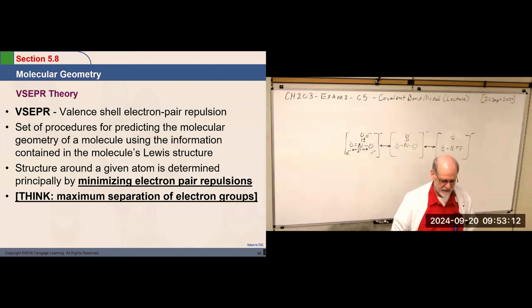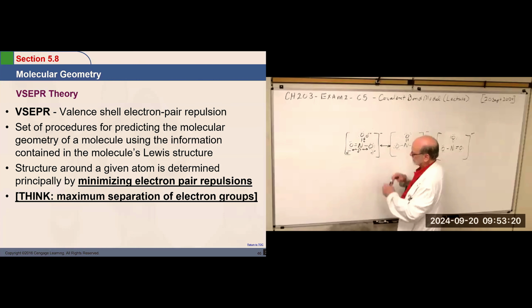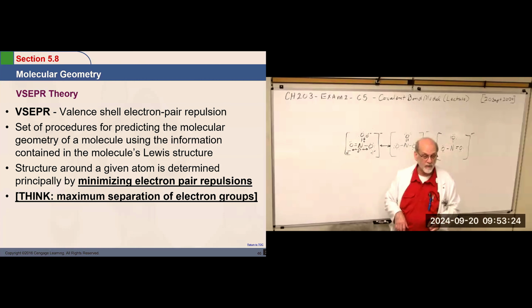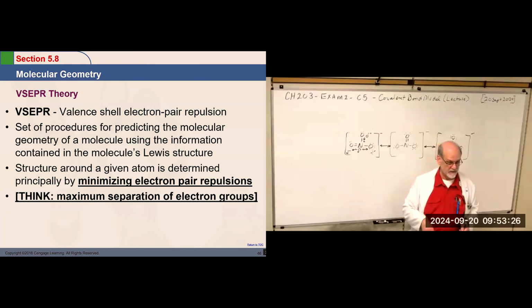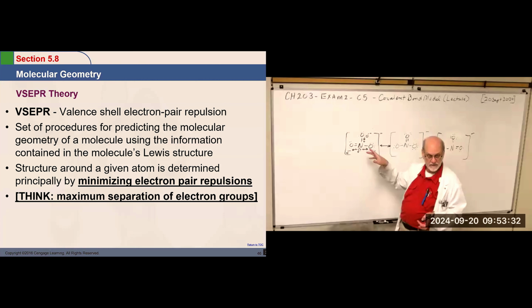The VSEPR model is based upon the assumption that when we have this structure, all the electrons are going to try to stay as far apart from each other as possible. They're going to stay bonded, of course. If they're in the bond, they'll stay bonded, but they're still going to repel each other.